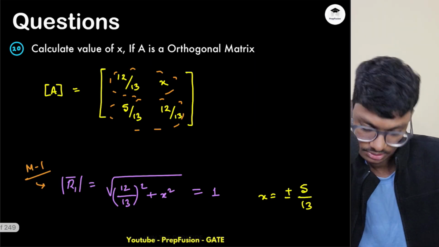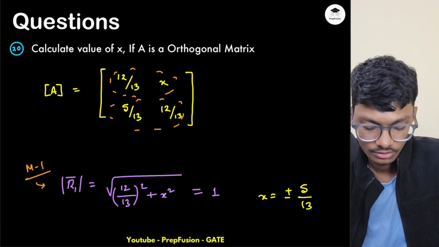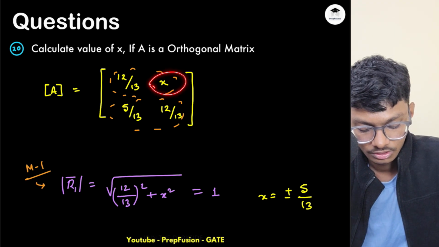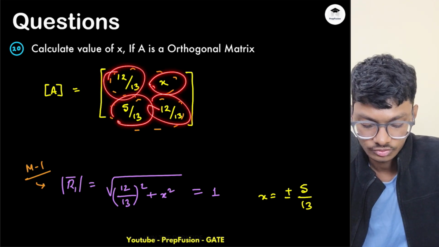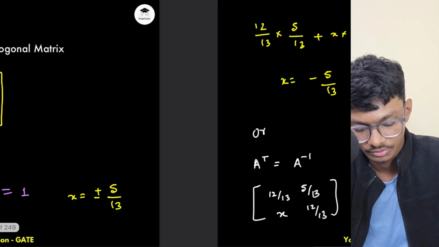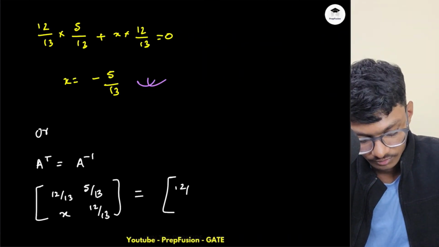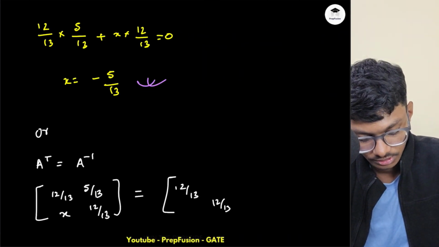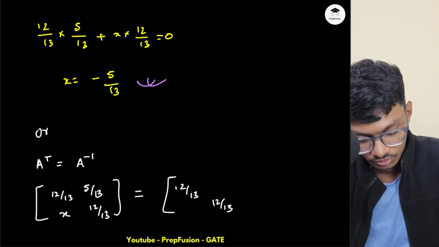So what is A inverse? You take the negation of the off-diagonal elements and swap the two principal diagonal elements. These are the same, so they will be 12 by 13 only, and you negate the others: minus x, and minus 5 by 13.